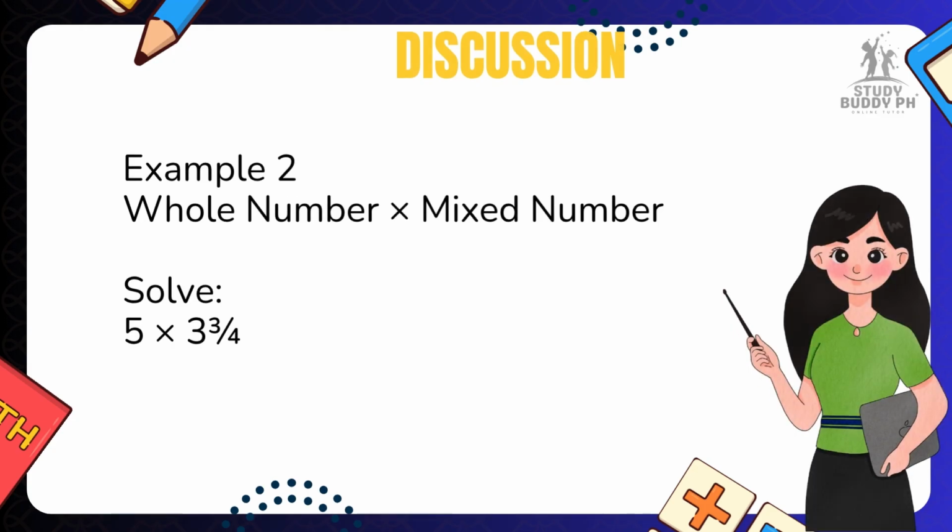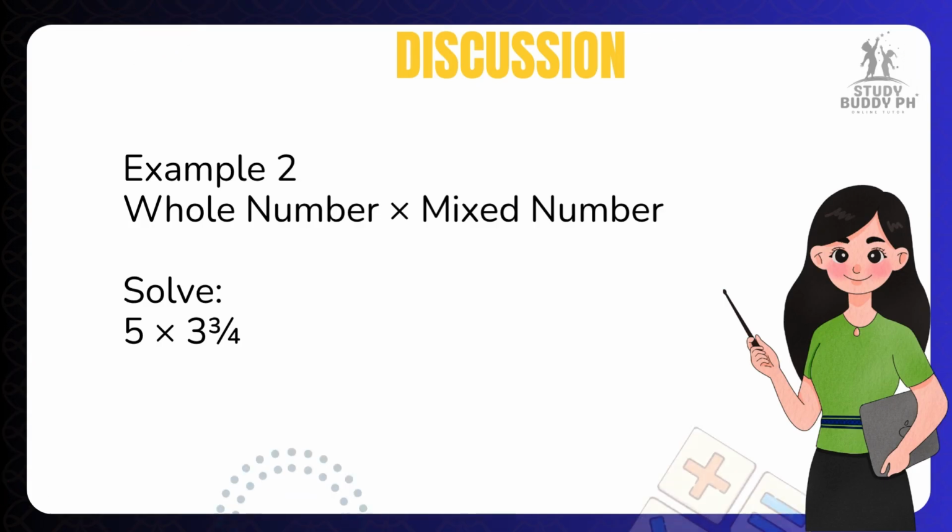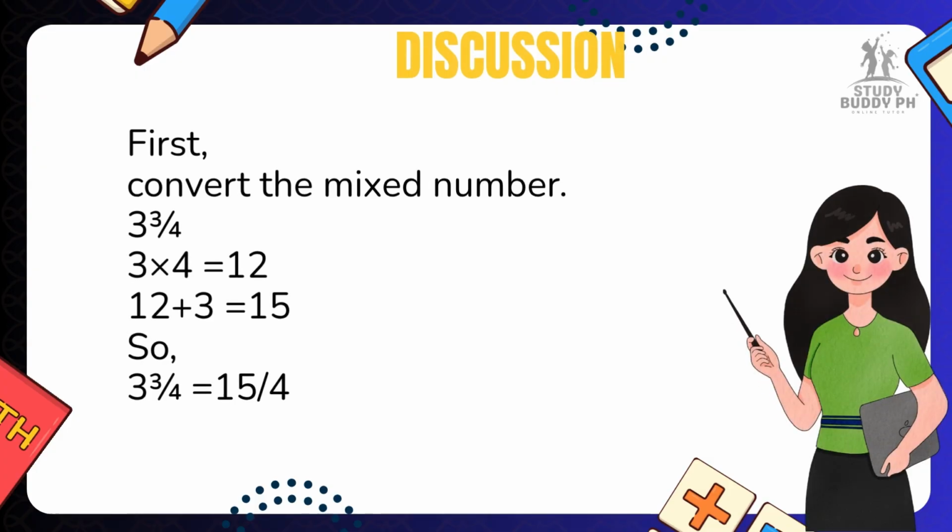Example 2. Whole number times mixed number. Solve 5 times 3 and 3/4. First, convert the mixed number. 3 and 3/4. 3 times 4 equals 12. 12 plus 3 equals 15.